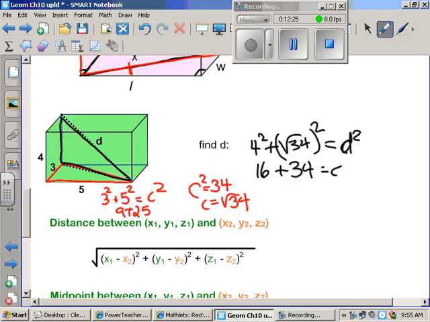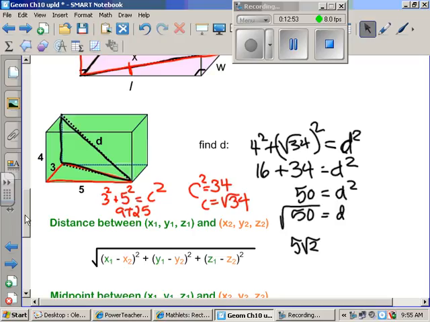So 16 plus 34 equals D squared. So that's 50. So D squared is 50. So D is square root of 50, which is 5 square root of 2. Right? It's 25 times 2. All right, so that's how you find the diagonal.